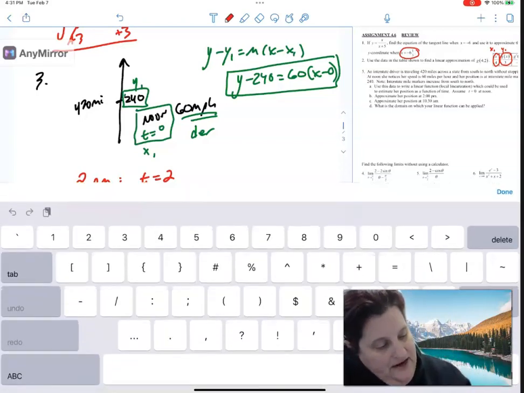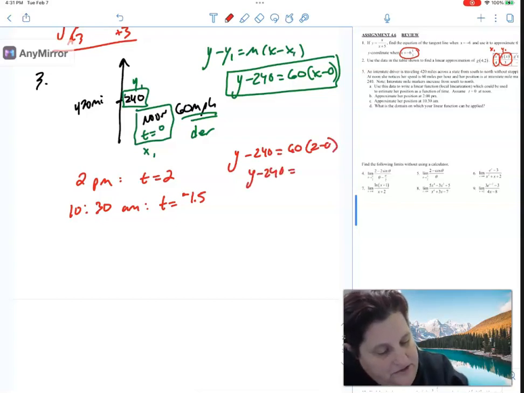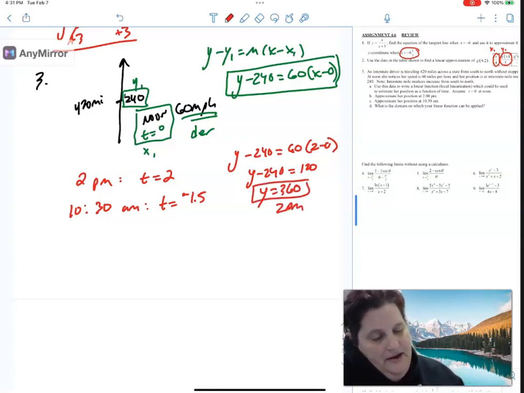So with the tangent line that I came up with, y minus 240 is 60, 2 minus 0. So 60 times 2 is 120, so 360. So at 2 p.m., I'm approximating it at 360, okay?